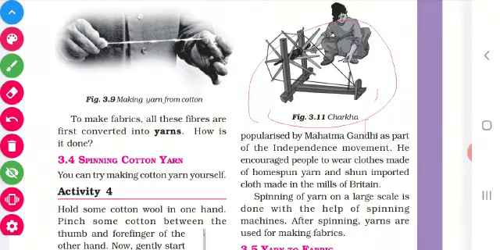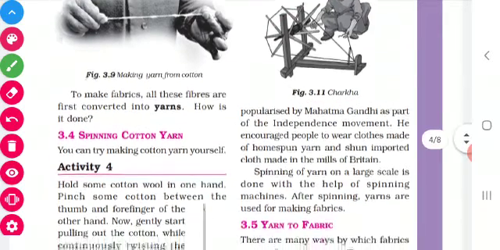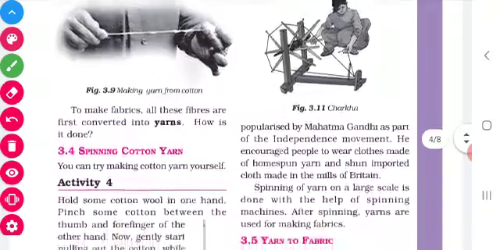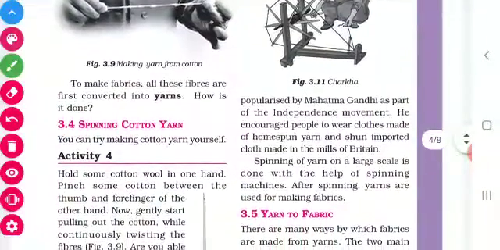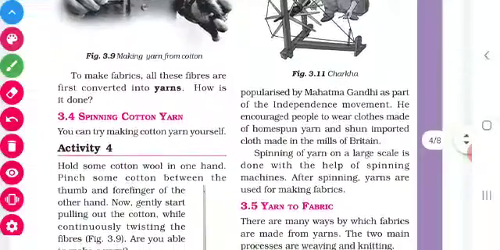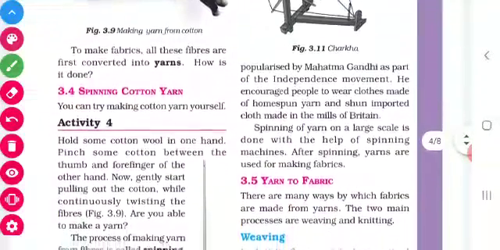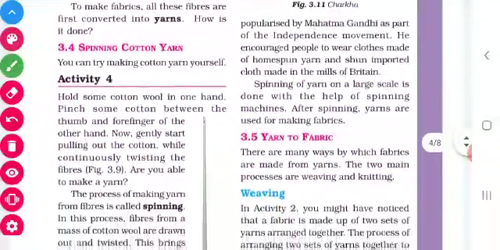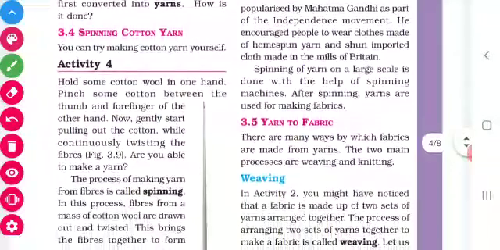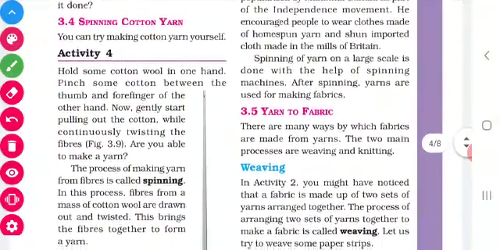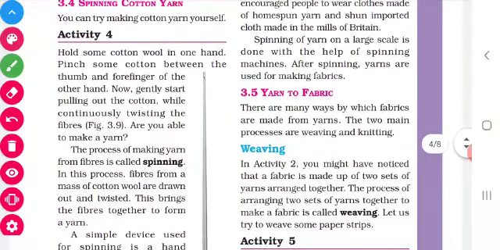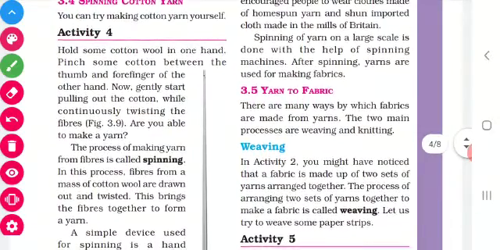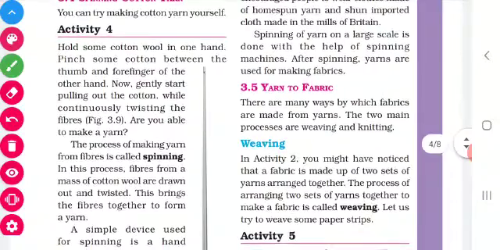During the freedom struggle, Mahatma Gandhi encouraged Indians to use this chakra and not depend upon the Britishers for our fabrics. Now spinning is done on a large scale with the help of machines.